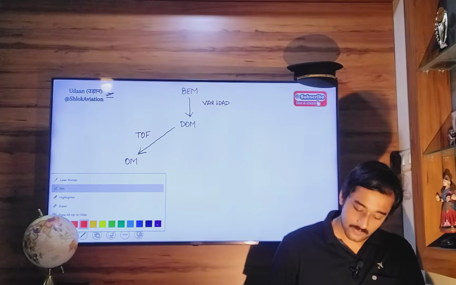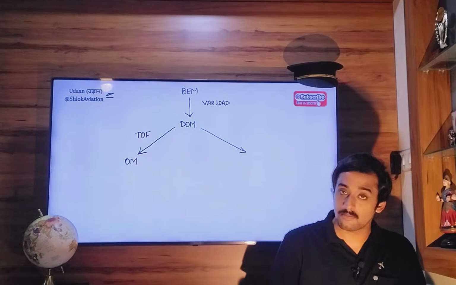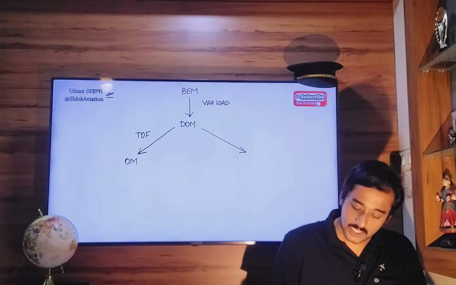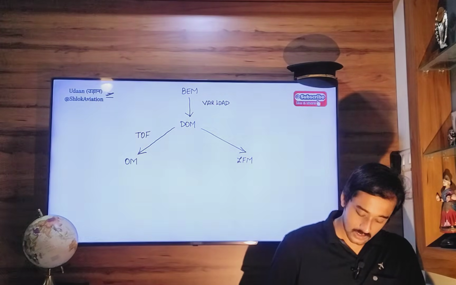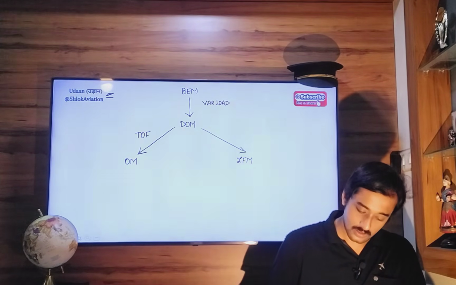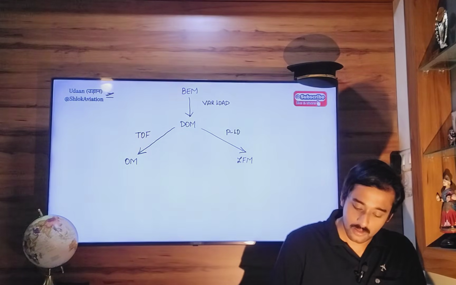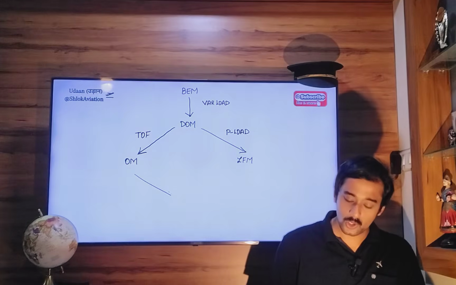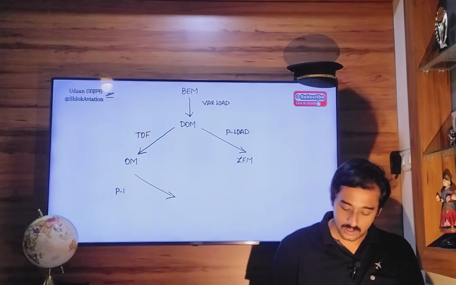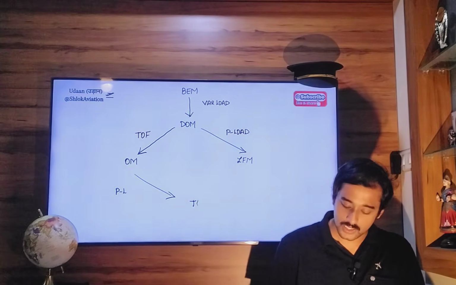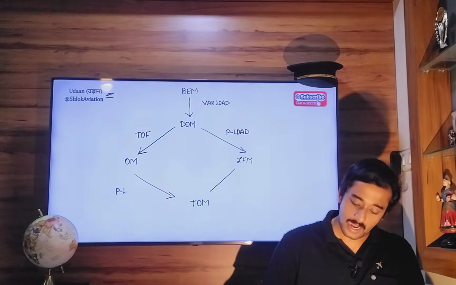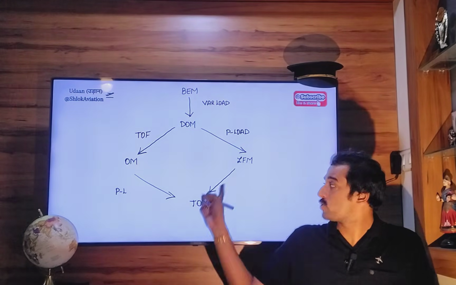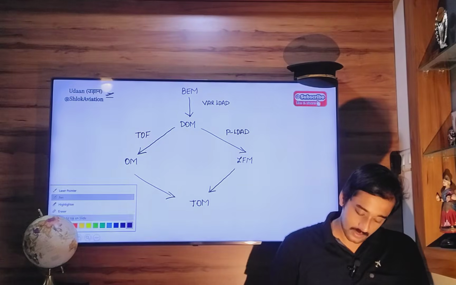When you add payload to dry operating mass, you get zero fuel mass. When you add payload to operating mass, you get takeoff mass. Similarly, when you add fuel to your zero fuel mass, you will get takeoff mass.